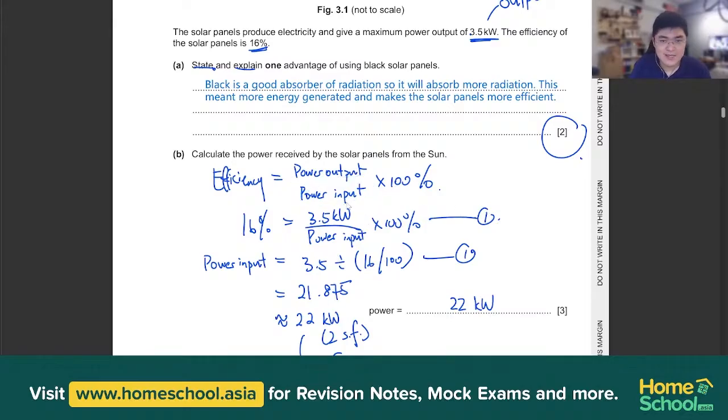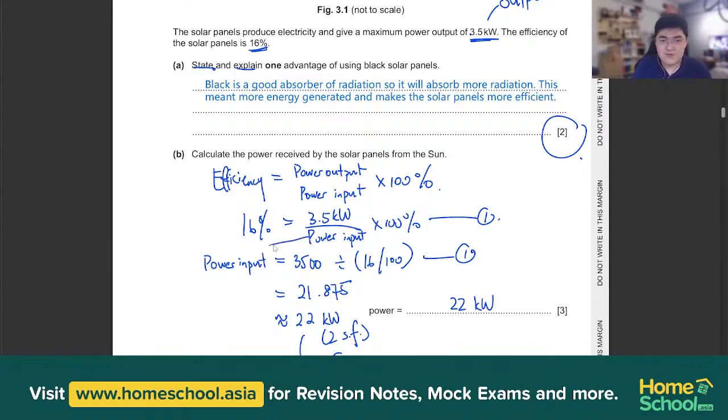So let me just rewrite this a little bit right here. So the power output is also 3,500 watts. Okay, that makes it easier. And then you divide it by the power input multiplied by 100. So you do the mathematics: you multiply power input on both sides, and you divide by 16% on both sides.